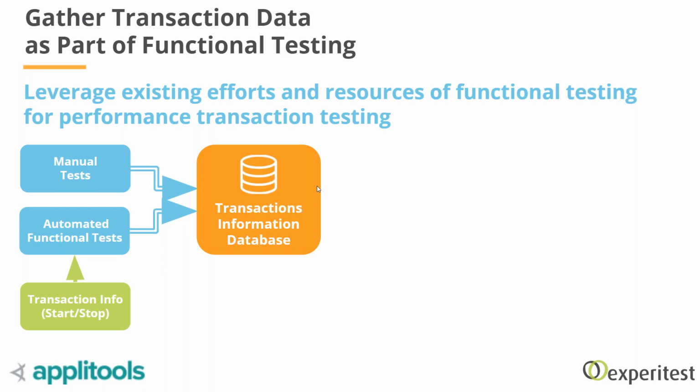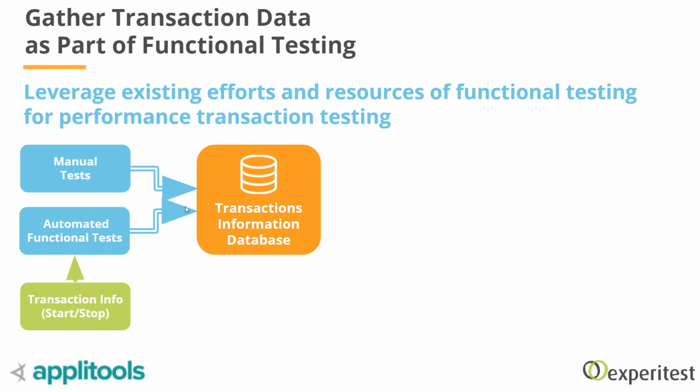So here you can see, and I will demonstrate it shortly, how I can record those transactions. I can either use manual testing to do that, or I can add it to my automation testing.